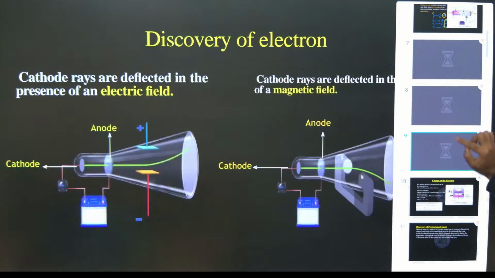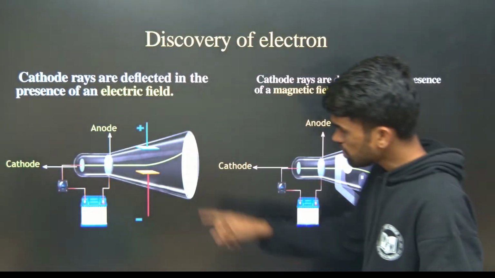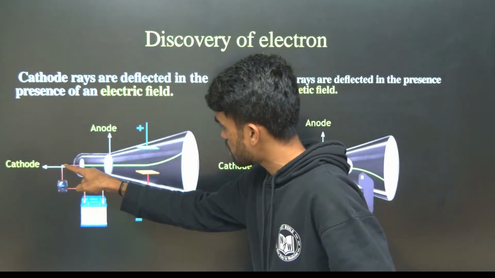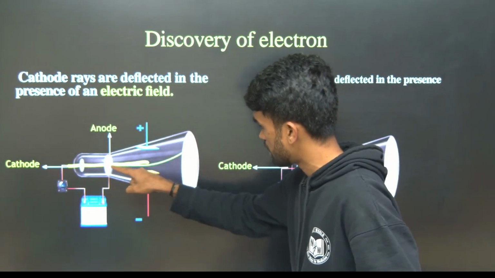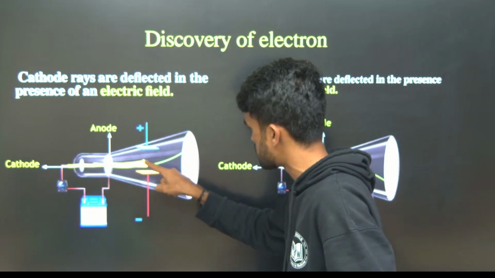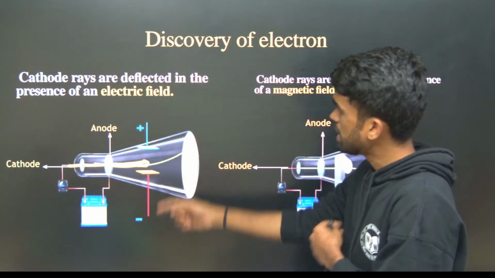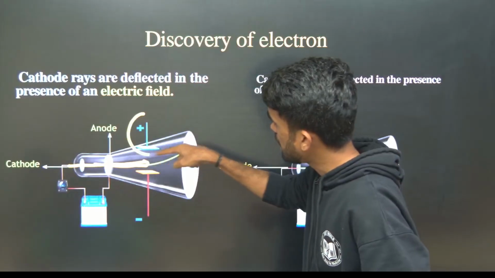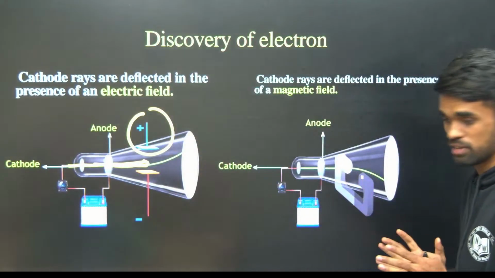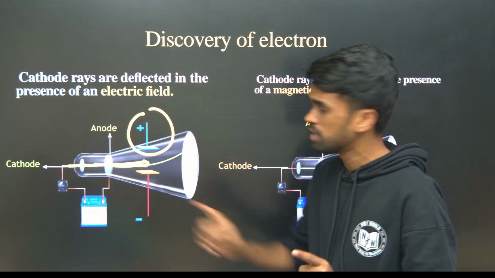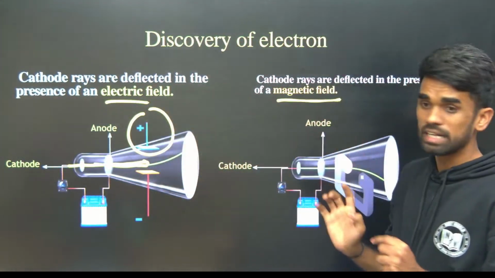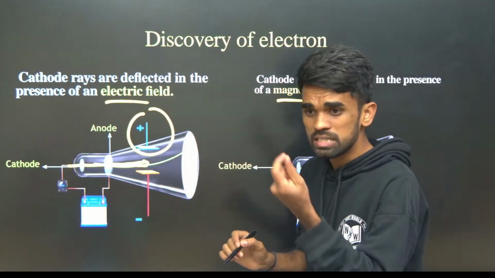So look here at what he did. The electron beam is coming from here. See this yellow or green colored beam which you are seeing, this is the electron beam. He applied a perpendicular electric field and a perpendicular magnetic field. In one case he applied an electric field and in the other case he applied a magnetic field. He observed some deflection.